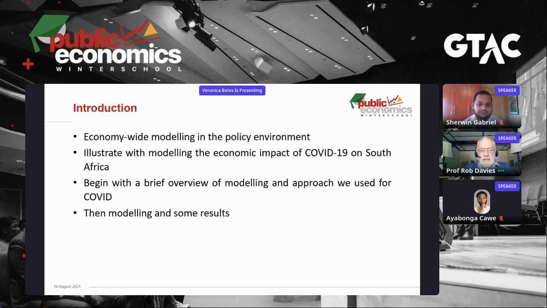This draws on some papers that we've published or been joint authors on. But I'm going to start by giving a brief overview of modeling and the specific approach we took to modeling the COVID impact. And then Sherwin's going to take over and show you some of the results we got, and hopefully we'll have a good discussion after that.